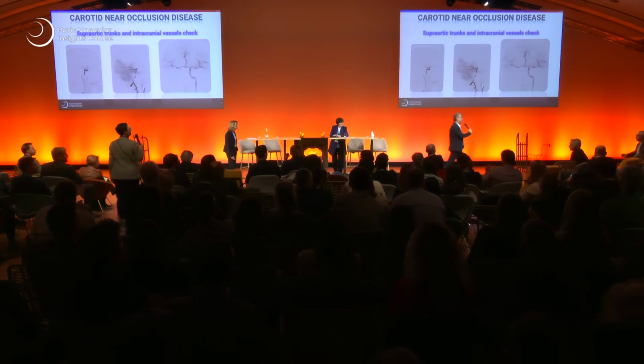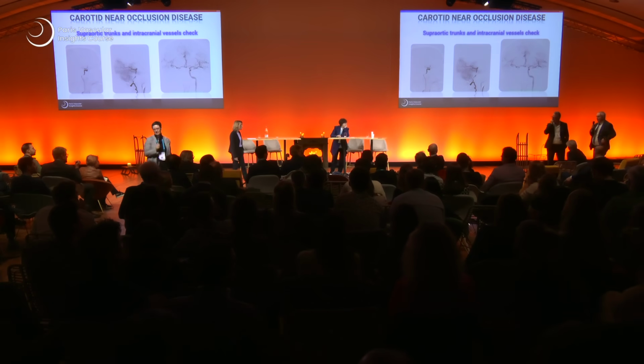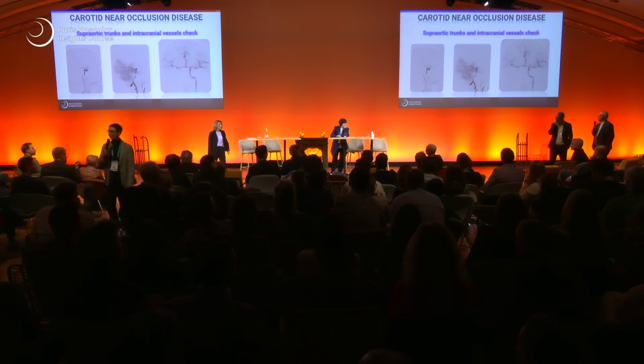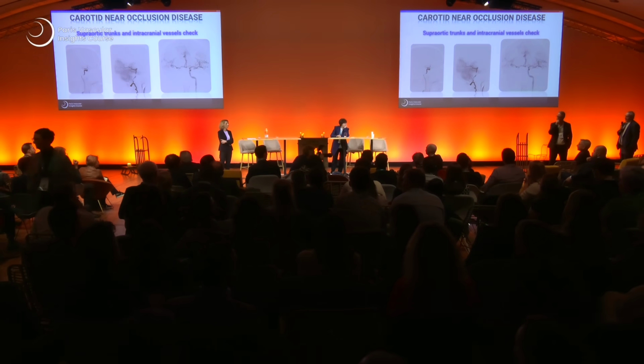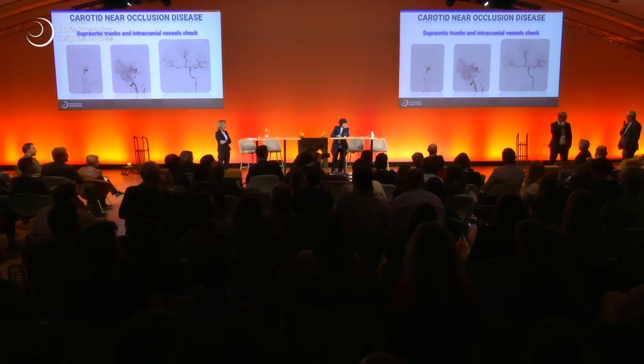May I ask who is considering to operate in this patient? Any intervention. Could be anything you do. Any carotid intervention? I think the coronaries are sorted out, and that's actually really important, and congratulations in this patient.